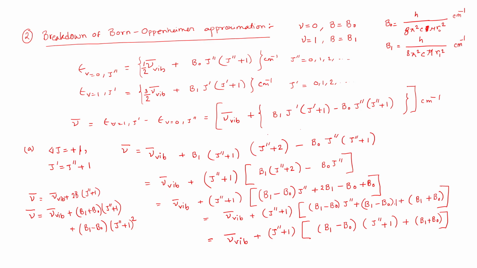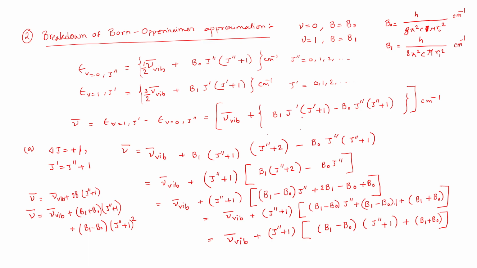So then what will happen to the values of B1 and B0? Which one is higher and which one is lower? B1 should be lower and B0 should be higher.